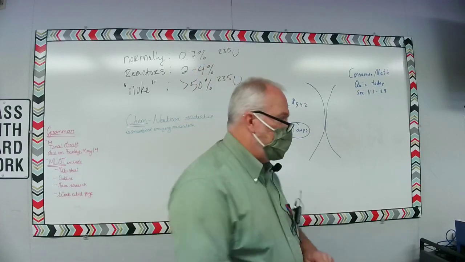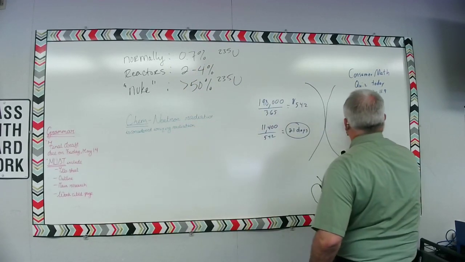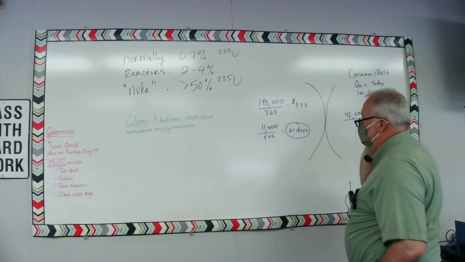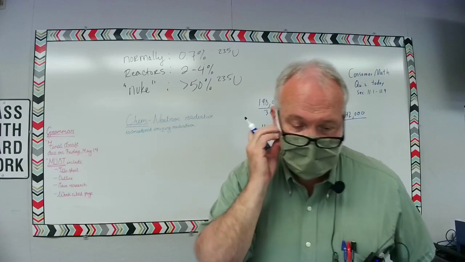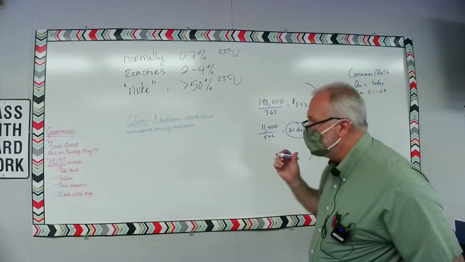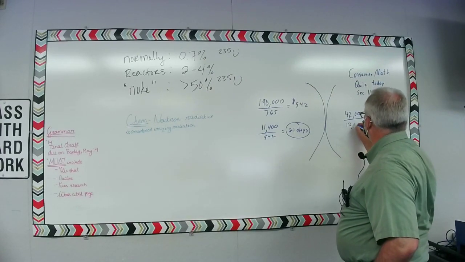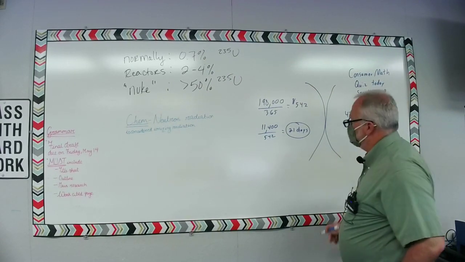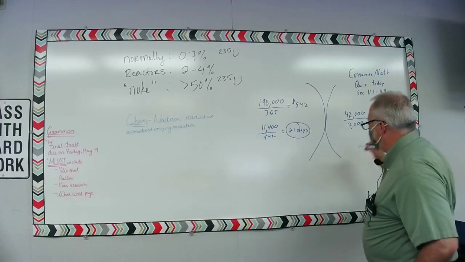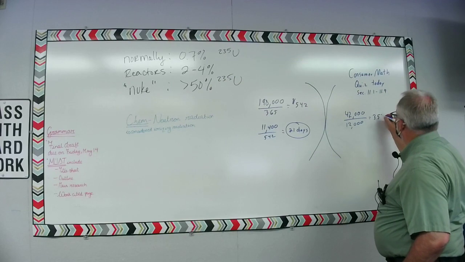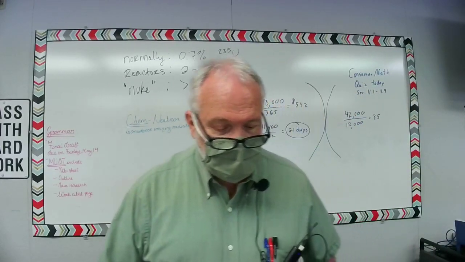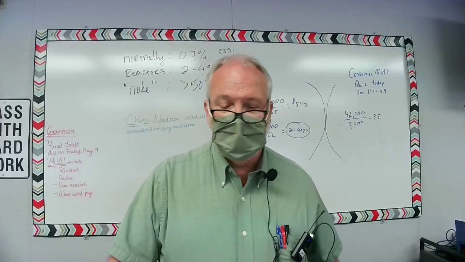So all they're doing is taking the 42,000, dividing it by that 12,000, which was the average inventory, and coming up for their answer, they come up with 3.5 as their inventory turnover.